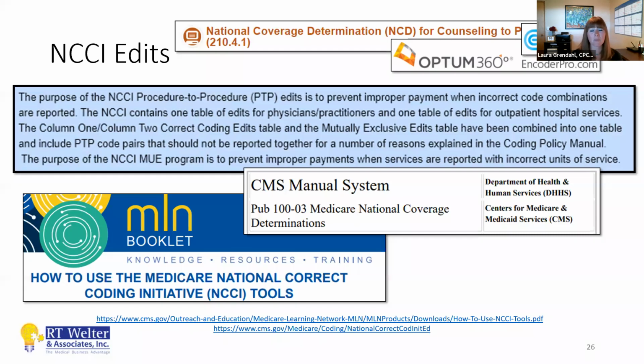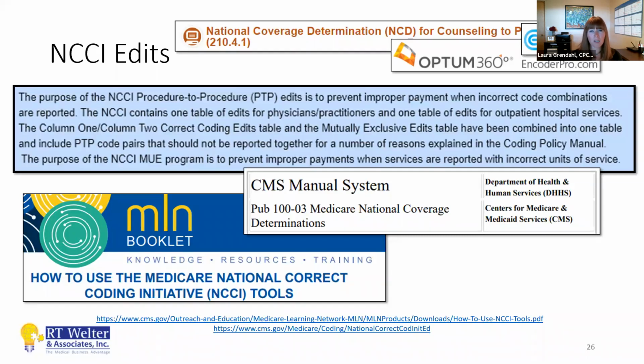A lot of times it's because of these NCCI edits. Even though we have so many different payers nowadays, CMS and their guidelines still tend to be our baseline, our standard, and a lot of private payers use that as their baseline and then add to it as they see fit or what fits in with their policies.